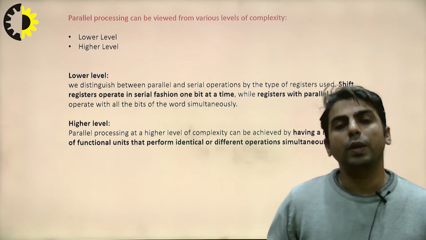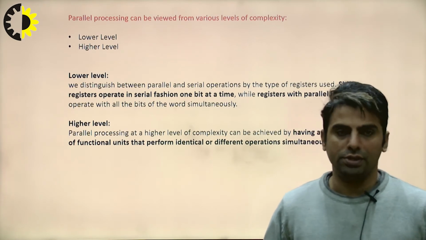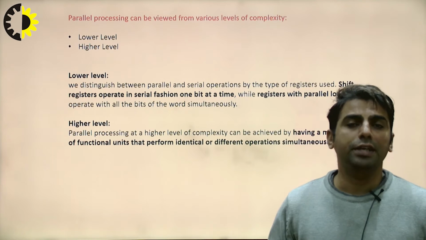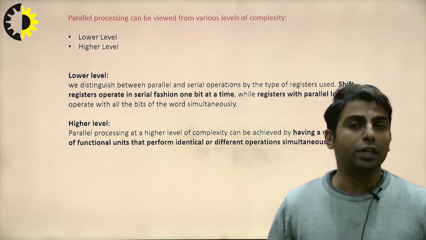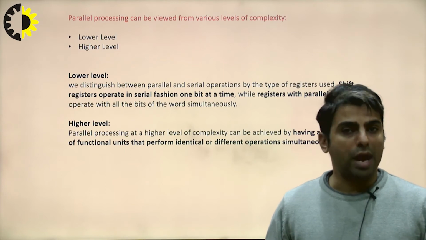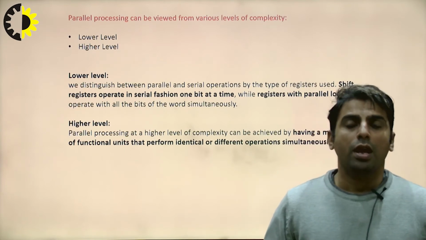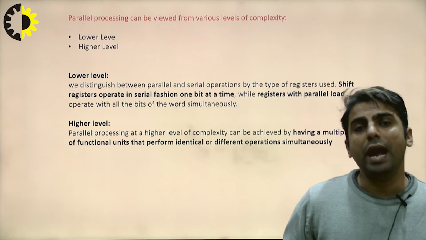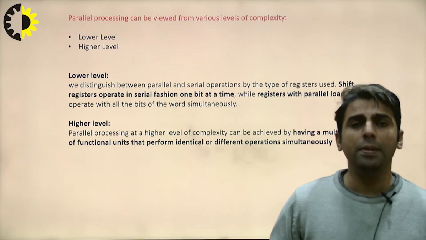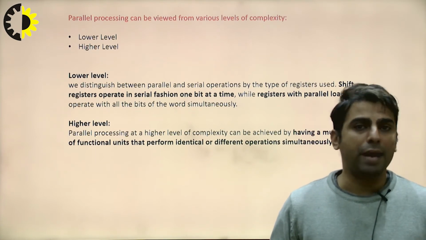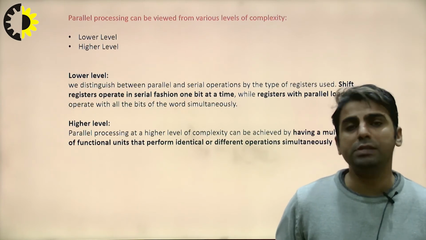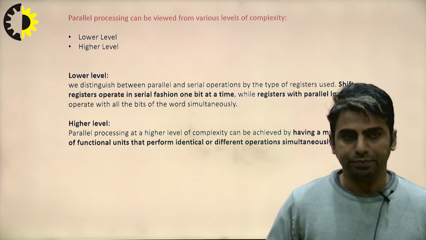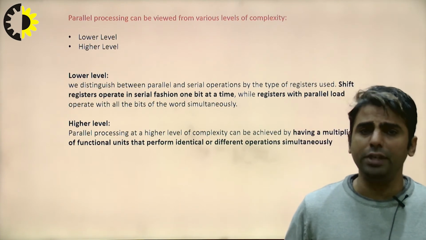We have already studied shift operations, such as shift left, arithmetic shift left, shift right, and arithmetic shift right. Every bit is shifted one at a time sequentially. That is not parallel processing, because it is sequential processing.